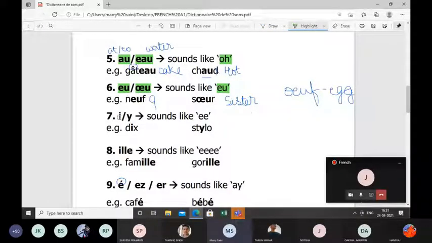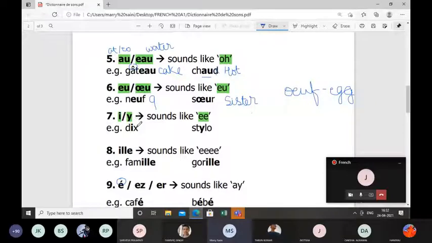Next sound that we are having here is "i" and "y". Whenever in a word you are writing I and Y, they both will have the sound of "ee". Even if you are writing Y, the sound will be "ee". Like "dix". Dix is another number.